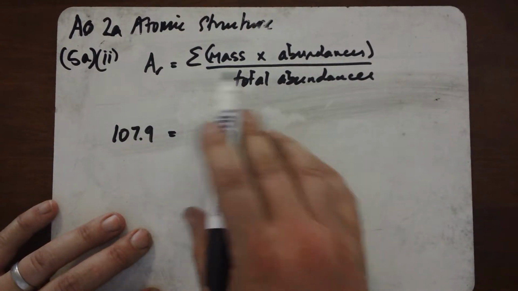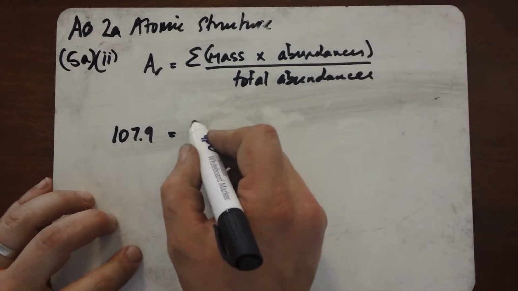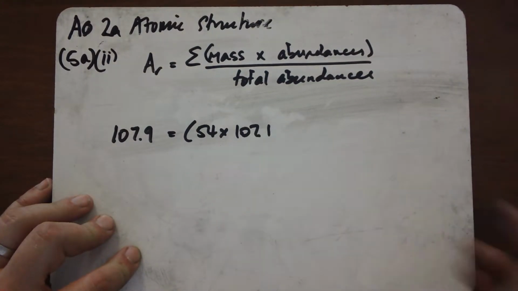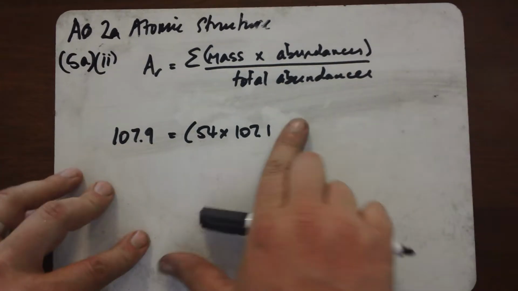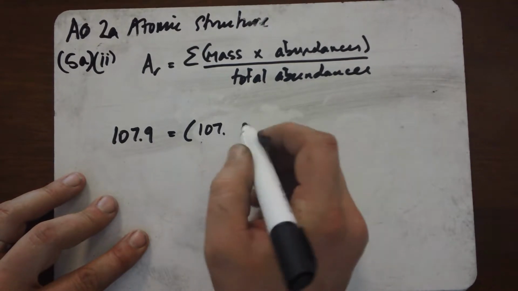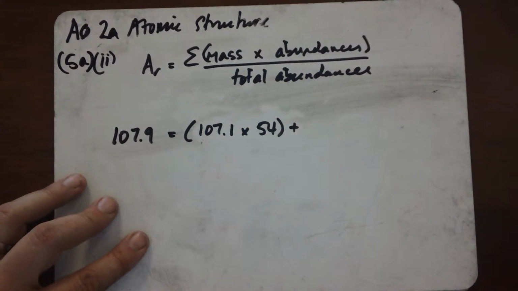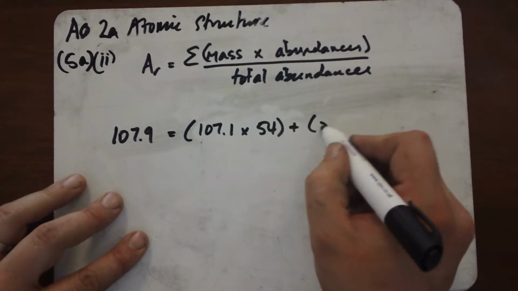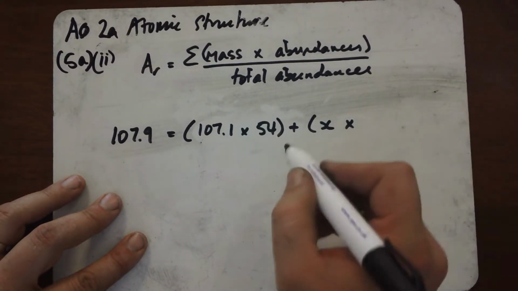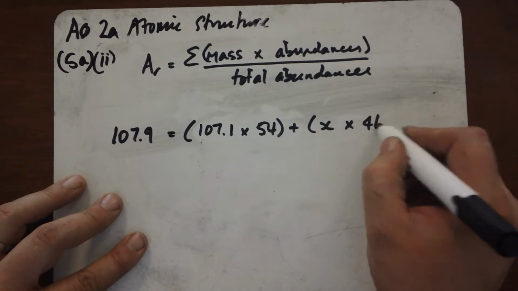We now need to look at how many different isotopes there are, their relative masses and their relative abundances. In this case we've got an isotope with a relative atomic mass of 107.1 and that has an abundance of 54, and we're going to add that to something, x, times the relative abundance, because both of these have to add up to 100, and that's going to be a relative abundance of 46.